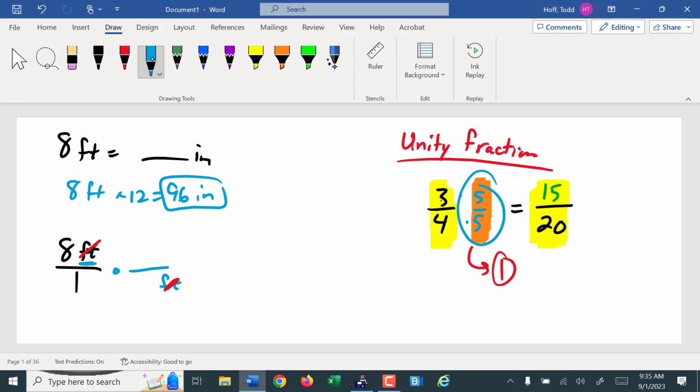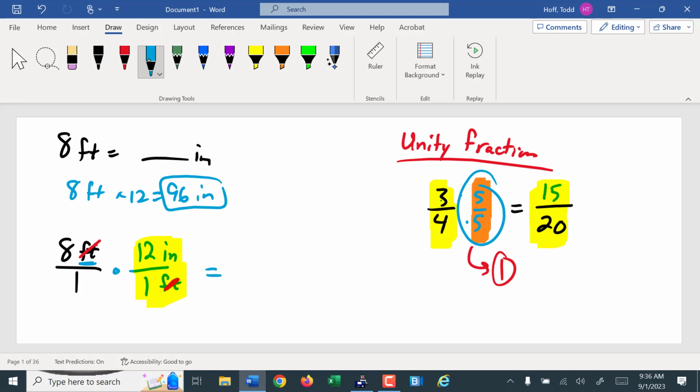And the relationship between feet and inches is 1 foot equals how many inches? 12 inches. So 12 inches goes on top. Now, at first glance, this does not look like it equals 1, but if you look closer, it does. Because 12 inches and 1 foot are the same value. So it's still equal to 1. So when we multiply by it, it'll change the appearance of our number, but not the value.